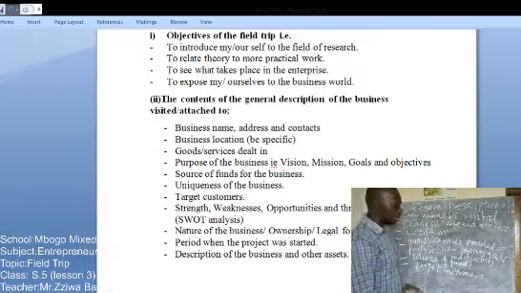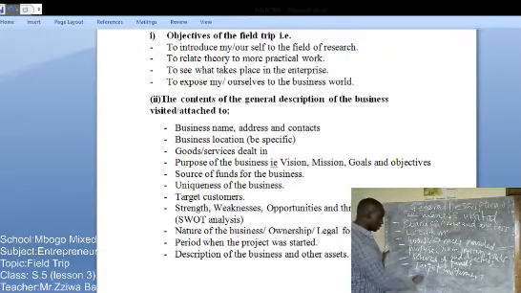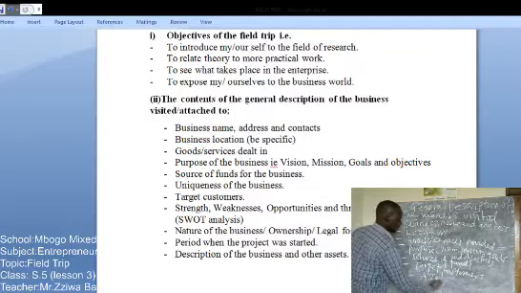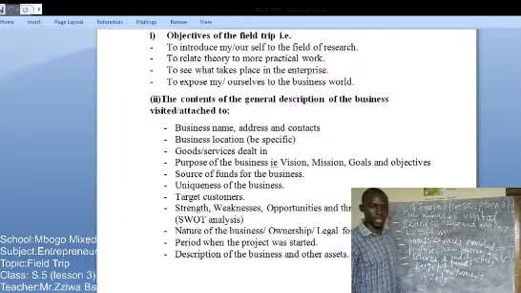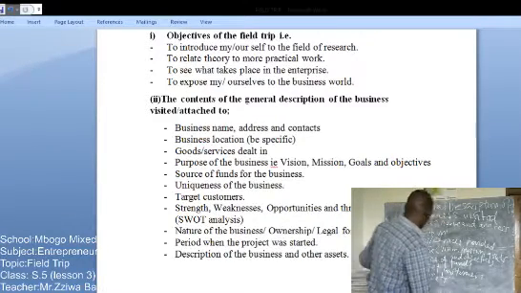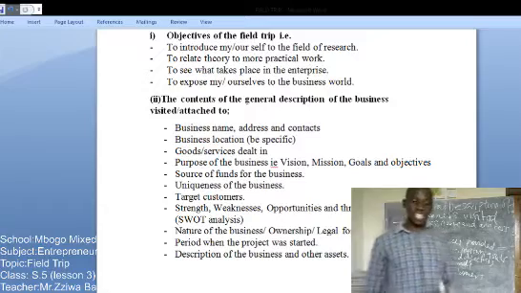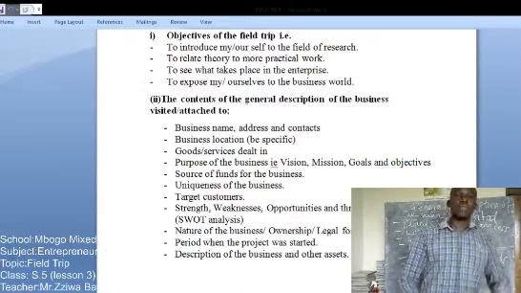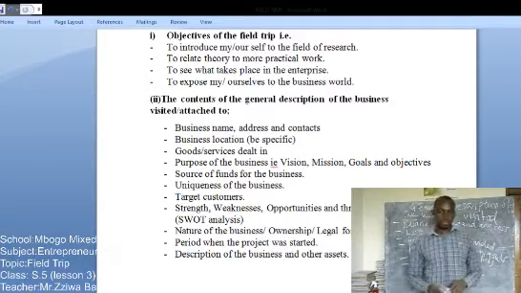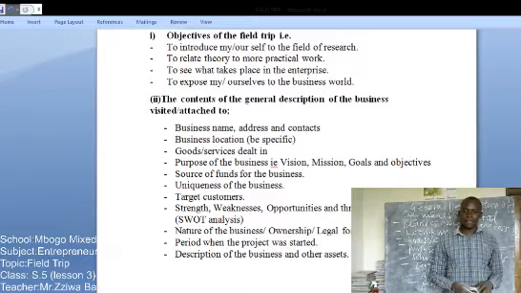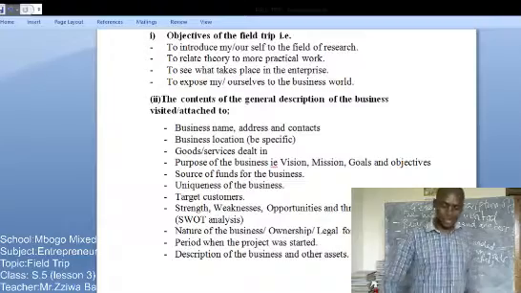Then, description of assets of the business, together with the date when the business was established. Those are some of the key issues as far as the general description is concerned.